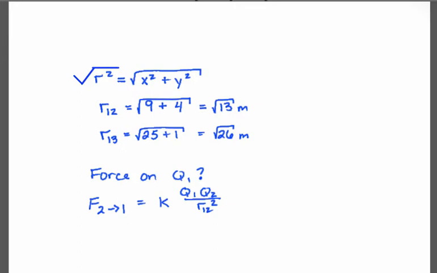So plugging in some numbers here, my proportionality constant, as before. Again, these are in microcoulombs, so I need to go ahead and convert to coulomb.